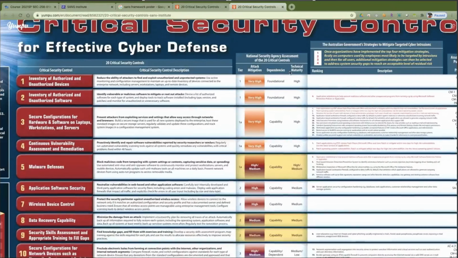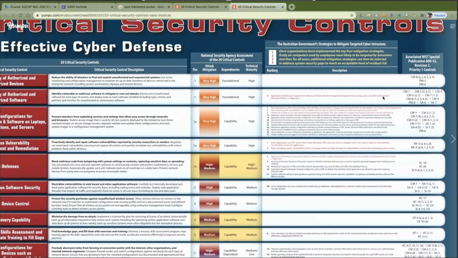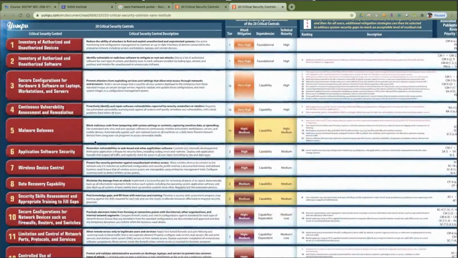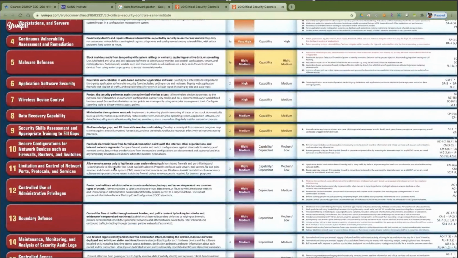So it tells you what we need to do, right? Inventory of the authorized devices. And then at the other side of the map, it says this is the NIST rule, the part of the NIST 853 documentation that matches up with that security control. So this is a real popular framework, as is SANS Top 20.